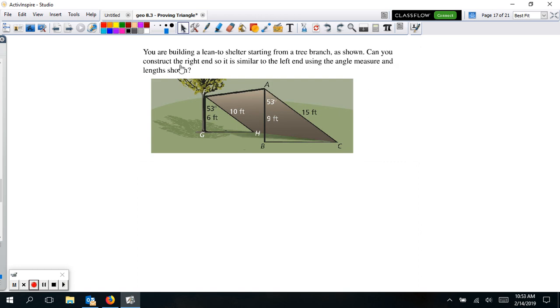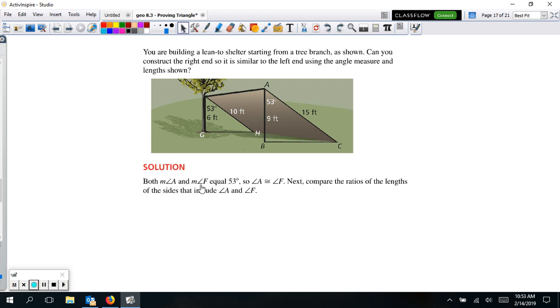You can construct the right end so that it is similar to the left end using the angle measure and length shown. So we're making some kind of cover here. They're showing you 53 degrees on this triangle, and 53 degrees on the same or similar triangle here. So you want to show that these are similar using that SAS theorem.